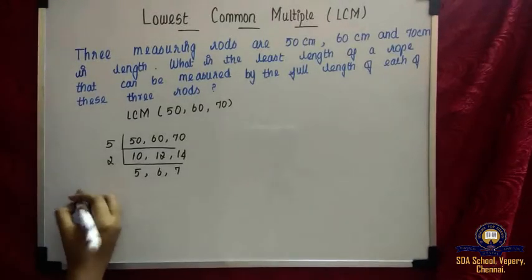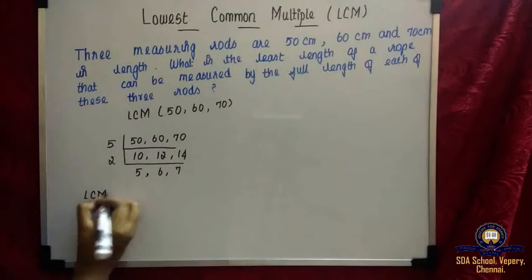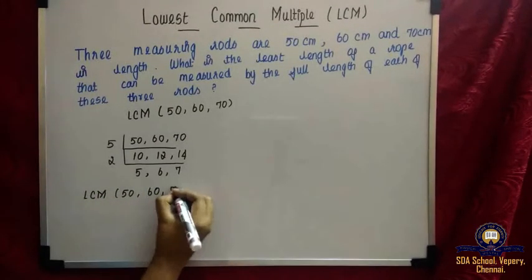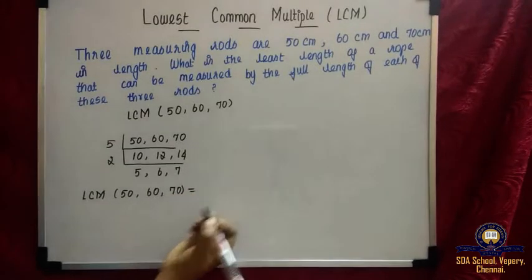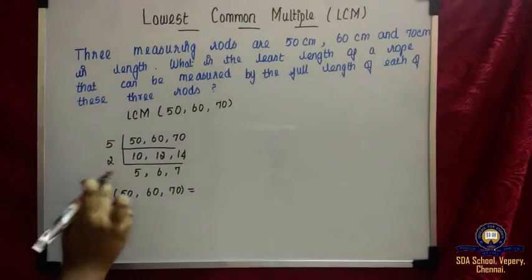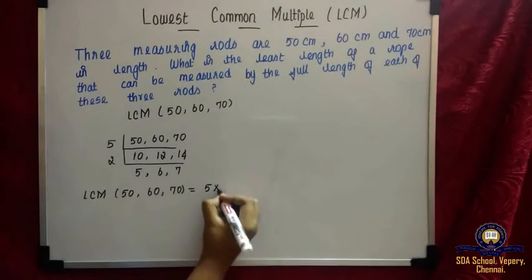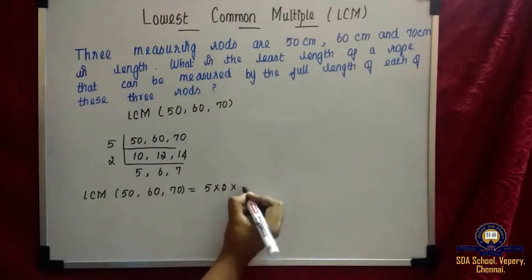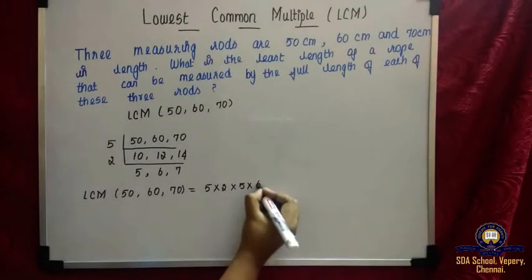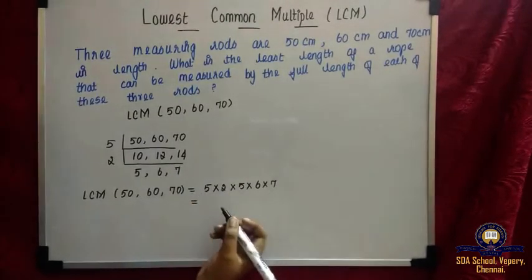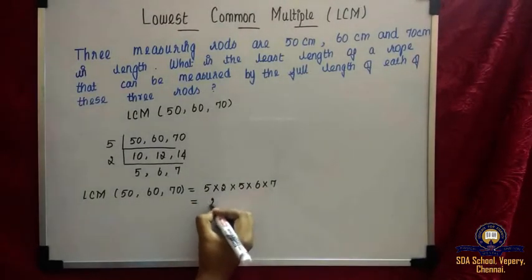So the LCM of 50, 60 and 70 will be the product of all the factors and the remaining numbers. That is 5 into 2 into 5 into 6 into 7. When you multiply, you will get 2100.